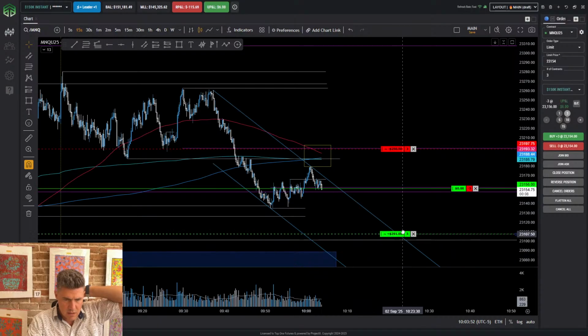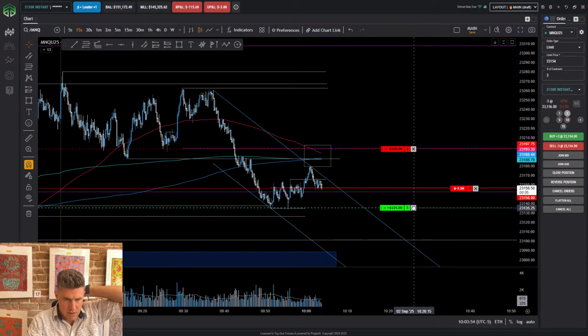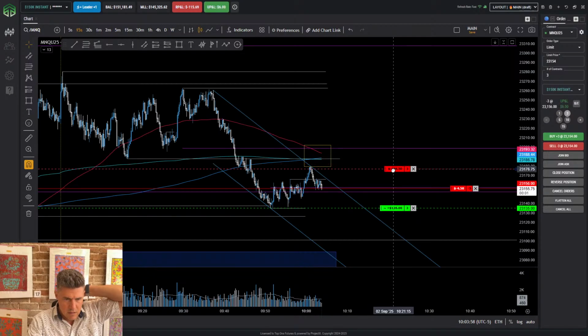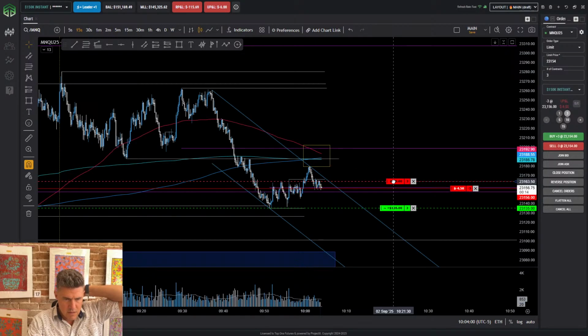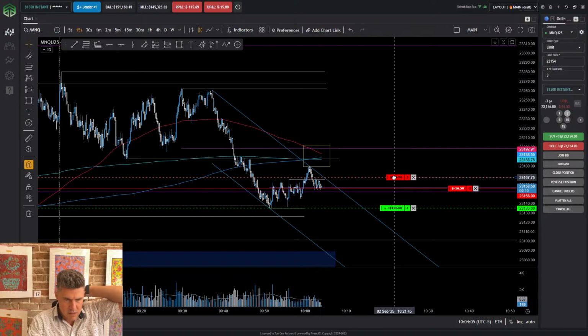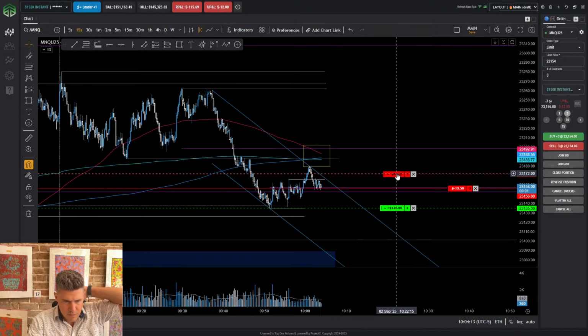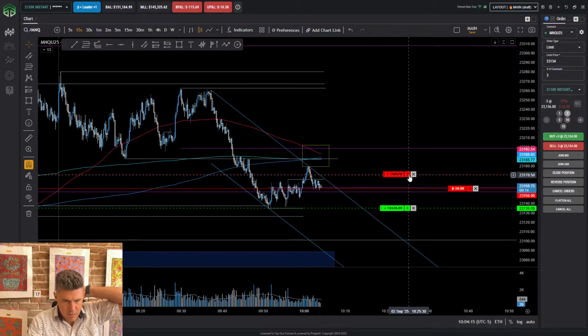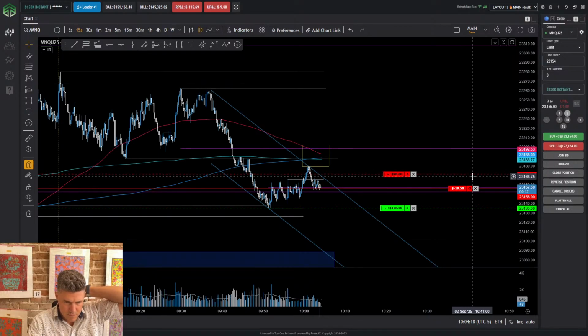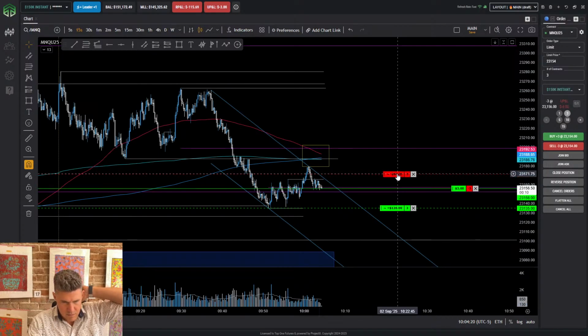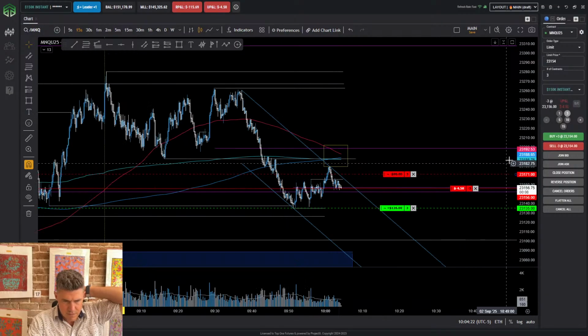I'm going to take it, playing for this low. Tight risk. This 50 should fail if people are seeing what I'm seeing. I'll give it a little room above this. 50 should fail.